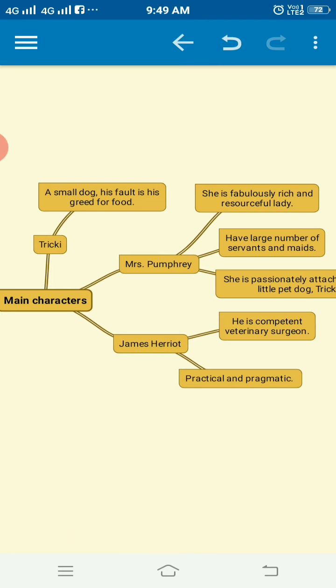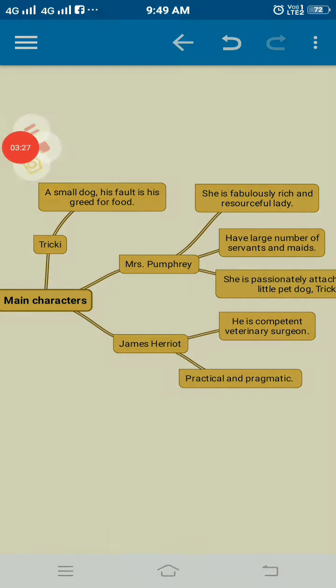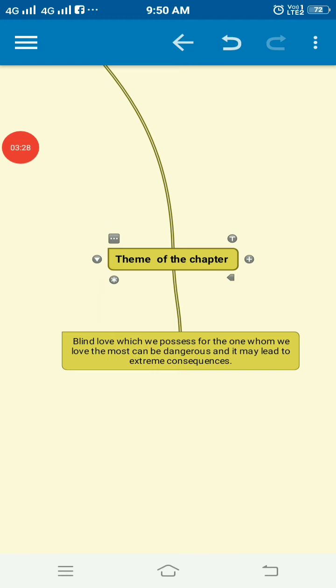He is a competent veterinary surgeon and he is practical and pragmatic. Pragmatic means one who is concerned with making decisions and actions. So we have three main characters: Tricky, the dog, his mistress, Mrs. Pumphrey, and James Herriot, the veterinary surgeon.